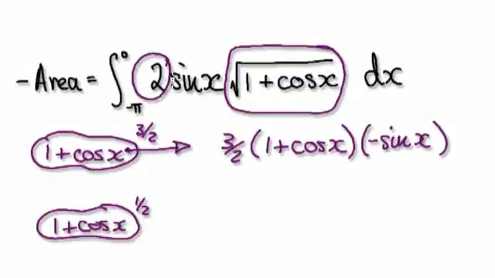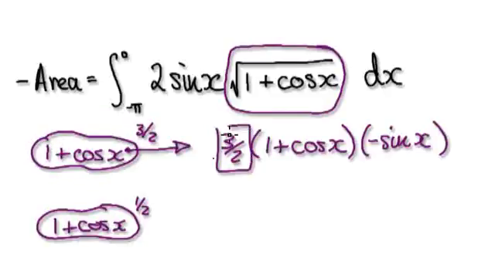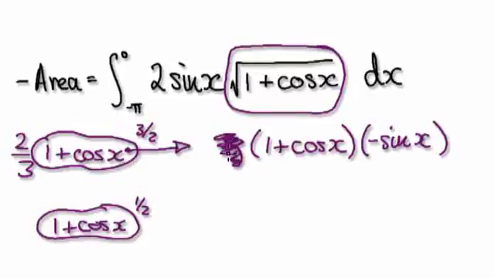But don't forget we've got this 2 here. So let's negate this thing by changing our initial guess. Our initial guess should be 2 over 3. By making this our initial guess, we will immediately get rid of this.